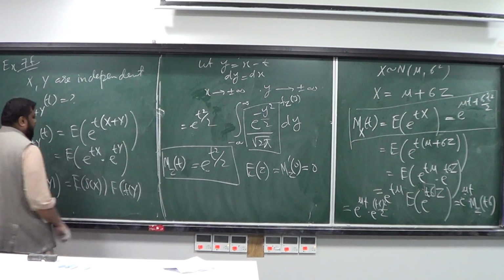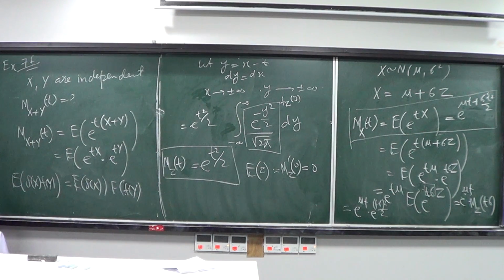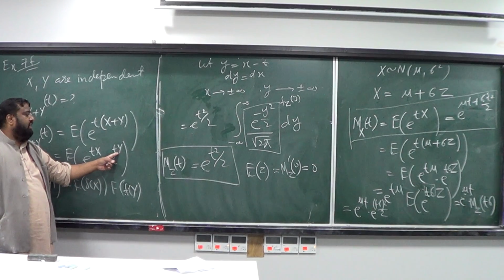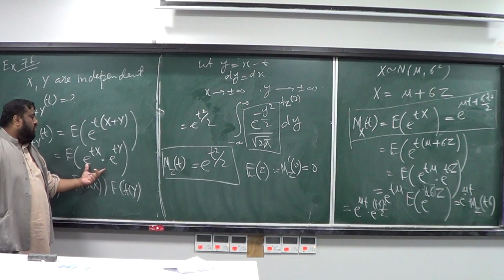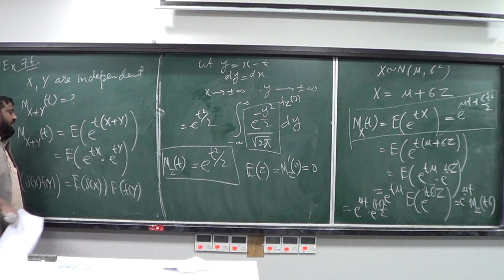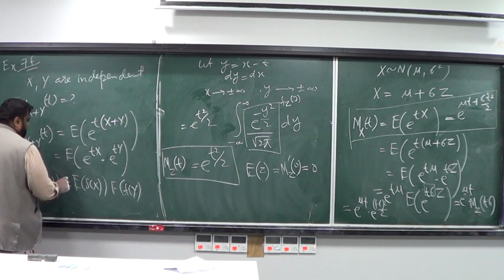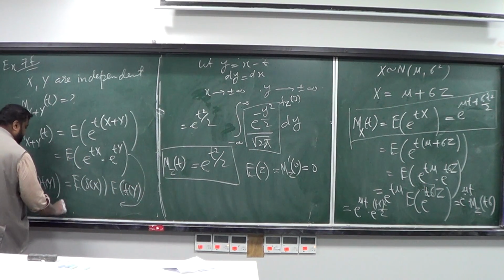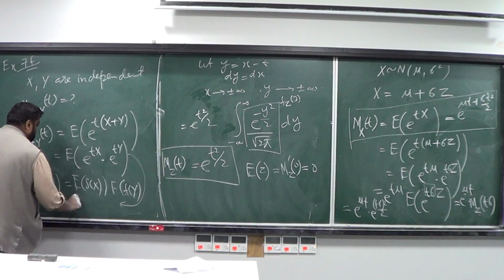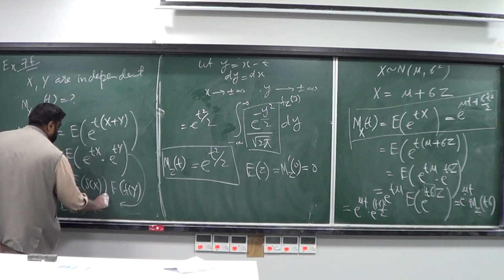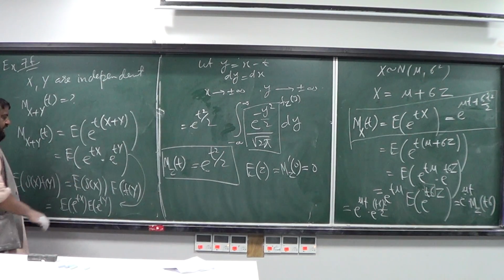Now I know about my x and y that they are independent, and e to the tx is a continuous function of x and this is a continuous function of y. So this is like this situation actually. So these two must also be independent. So if they are independent, I can say that this is equal to expectation of e to the tx times expectation of e to the ty. Okay?